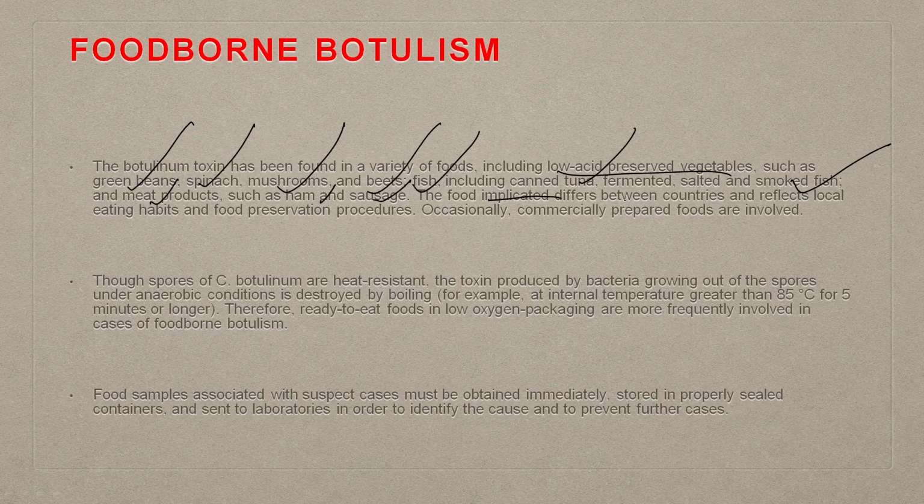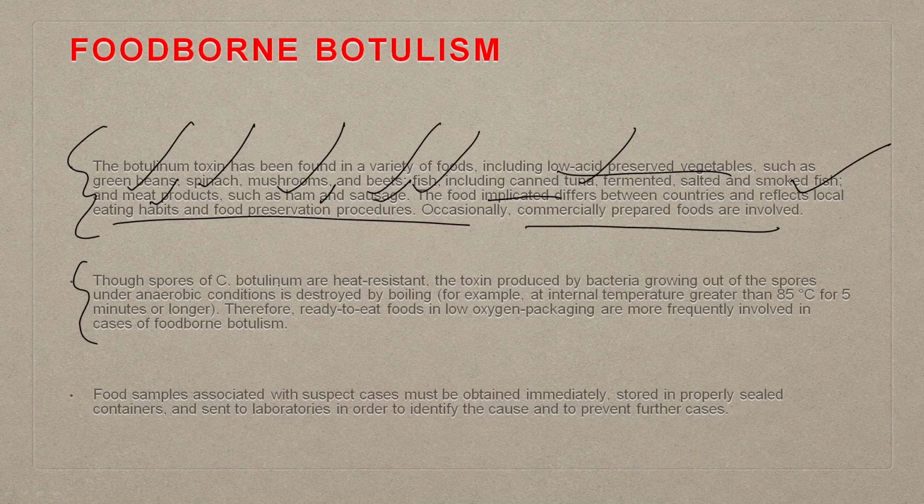The foods implicated differ between countries and reflect local eating habits. Occasionally, commercially prepared foods are involved. So why this is important is that you see the range where the infection can happen, the amount of infection and the zone of infection could be extremely large.